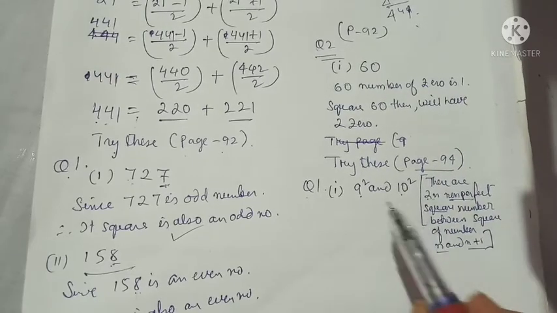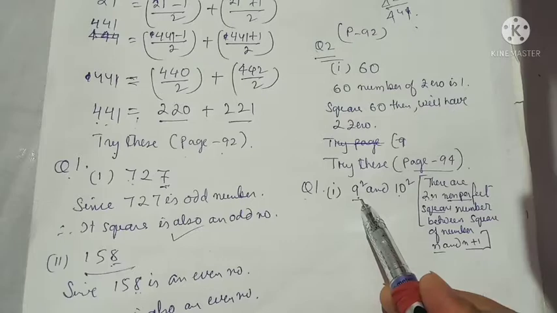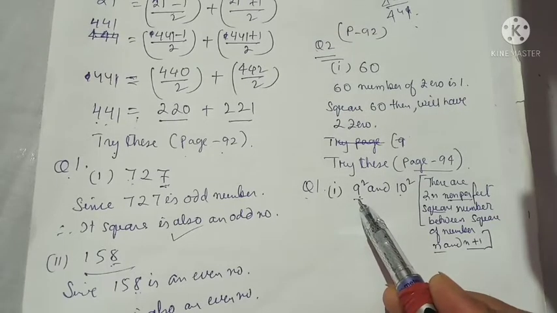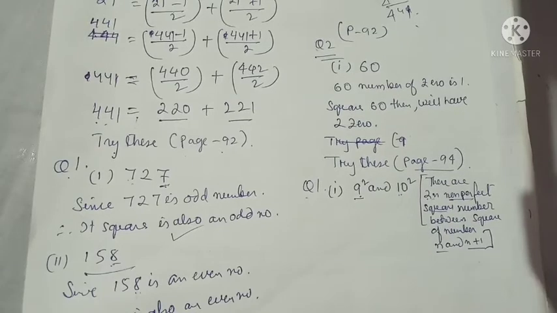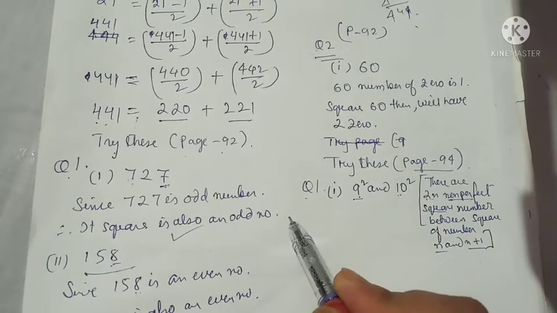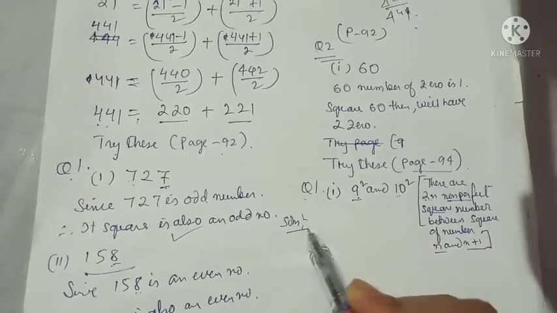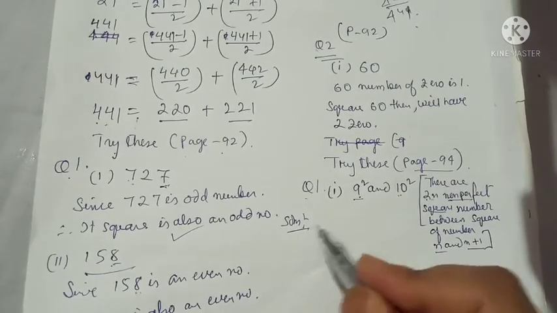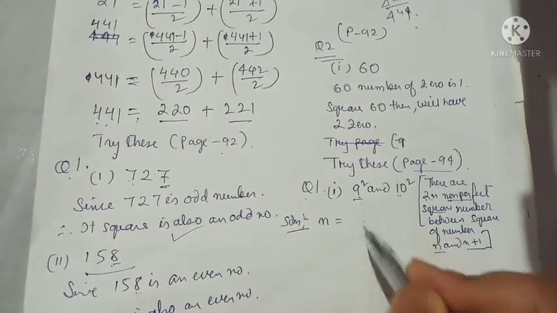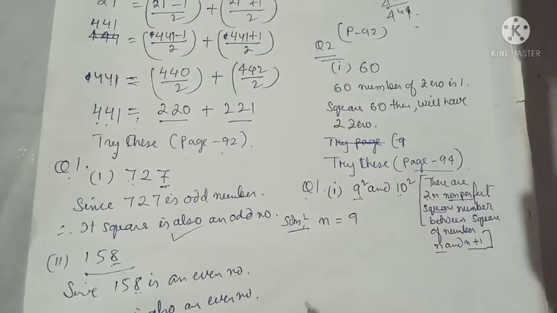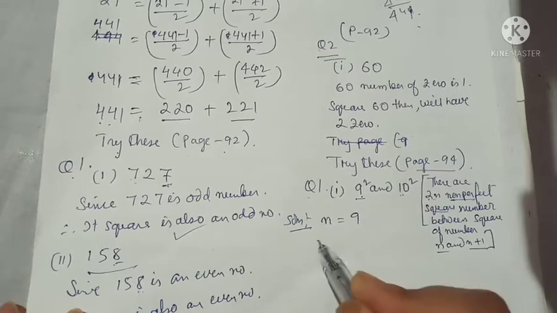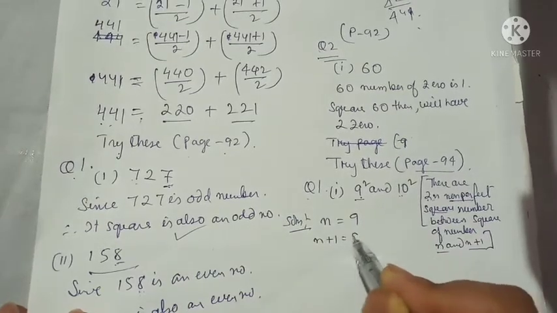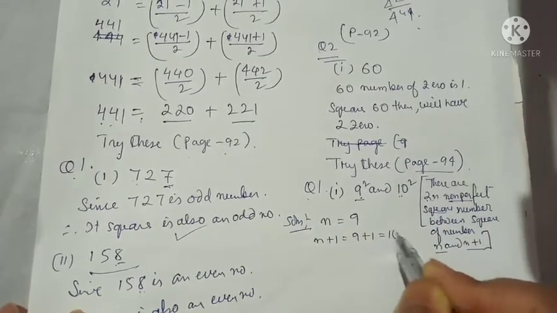Now we are going to consider 9 as n, and 10 as n plus 1. Understand? Here comes the solution. According to this question, n is 9. n plus 1 is 9 plus 1, which is equal to 10.